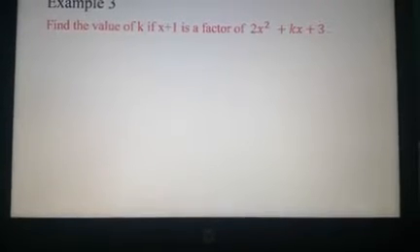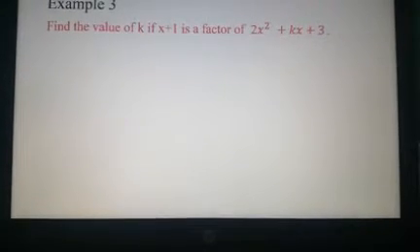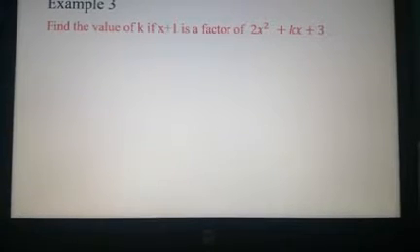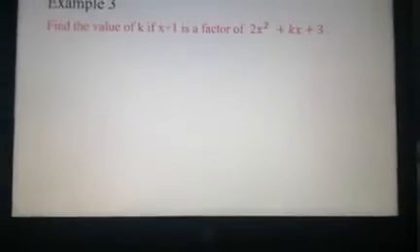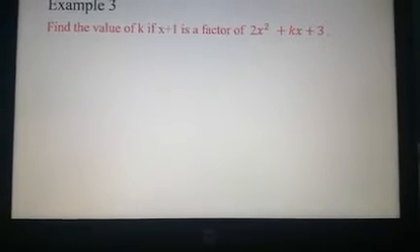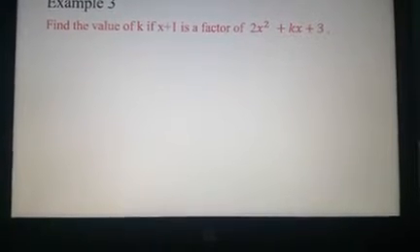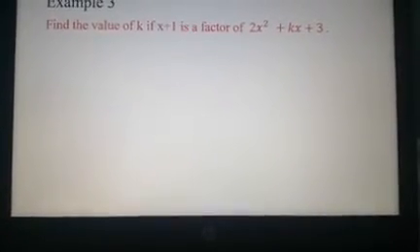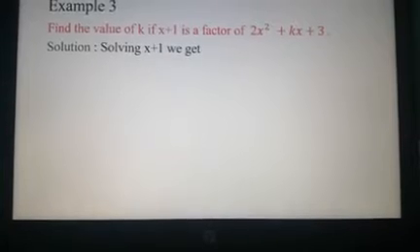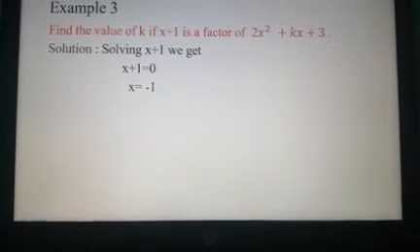So find the value of k if x plus 1 is a factor of 2x square plus kx plus 3. Already they have given the factor. When they have given x plus 1 is a factor, it means the remainder is 0 here. So you are going to equate it to 0. Simple. So solving x plus 1, I am going to get the value of x as minus 1.